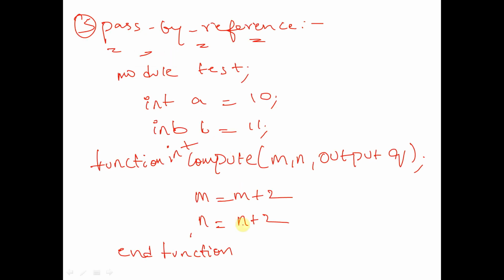And within an initial beginning block, and inside this function I can write two display statements for displaying the values of m and n.